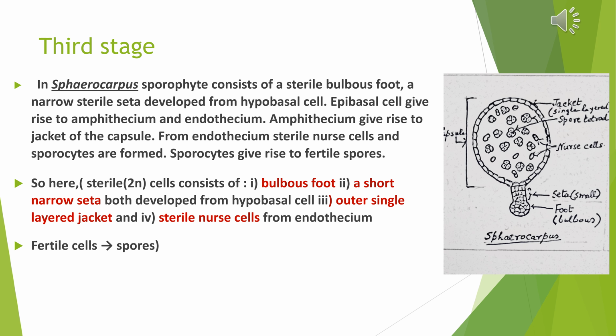So, sterile 2N cells consist of 1. Sterile bulbous foot, 2. Short narrow sterile seta, 3. Sterile jacket, and 4. Sterile nurse cells. Fertile cells give rise to spores which are developed from endothecium. So in the third stage, the sterile foot becomes bulbous and a sterile seta is added.